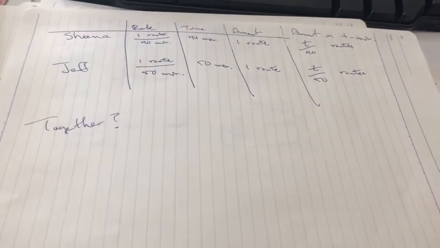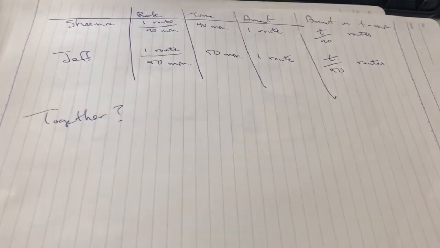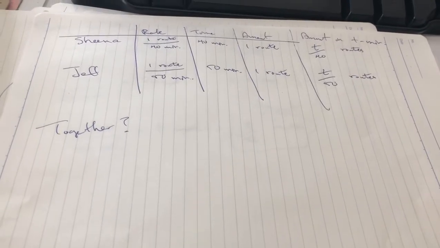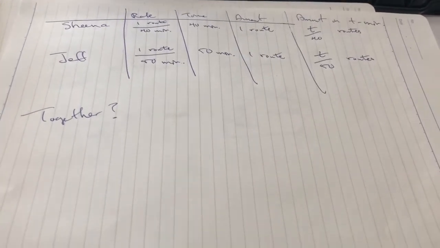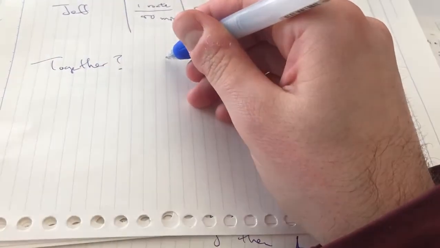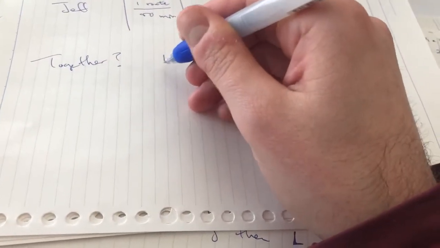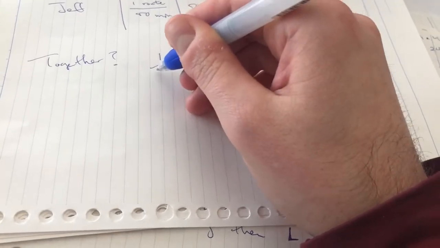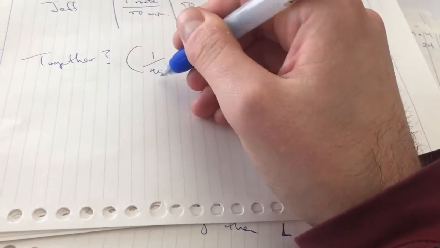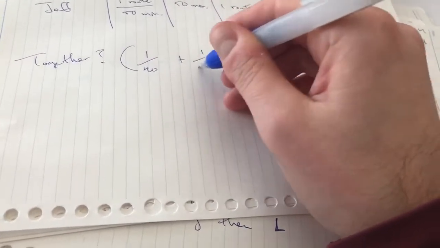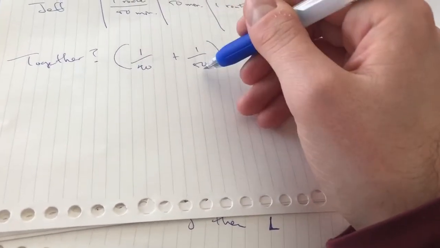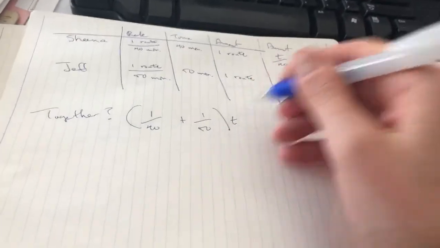So the question is, how long would it take them to complete just one route together? Well, what are their individual rates? Sheena's rate was one route per 40 minutes, so 1 divided by 40, and Jeff's was 1 divided by 50, one route per 50 minutes, times t.